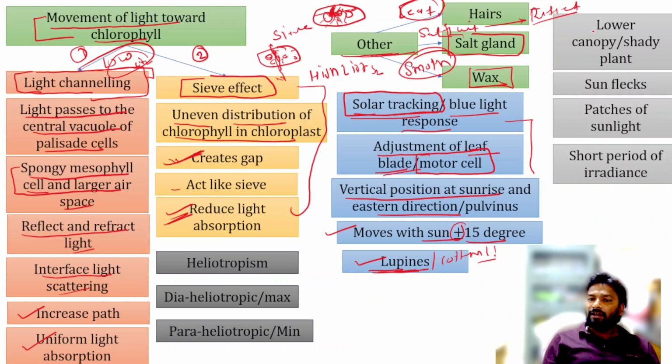Then, so friends, there is one mechanism that is known as sun flecks. Okay, so these are the patches of sunlight. So friends, you know that if there is a dense canopy and there is some vegetation on the lower surface or the soil surface, then there are some patches or some places in the forest which are less dense, and they let in high light.